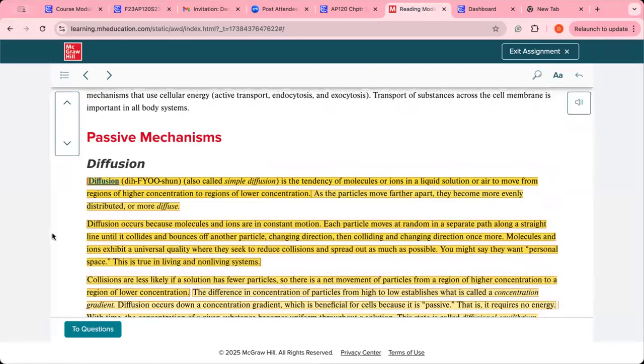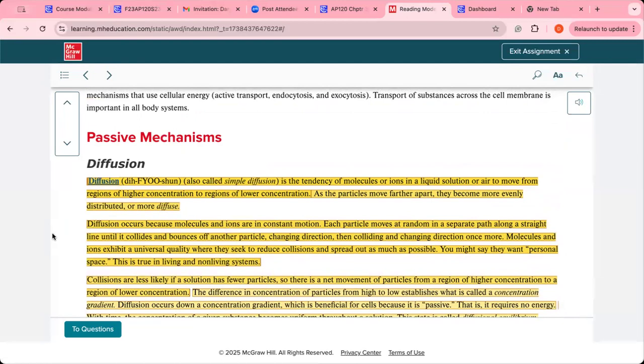Diffusion occurs because molecules and ions are in constant motion. Each particle moves at random in a separate path along a straight line until it collides and bounces off another particle, changing direction, then colliding and changing direction once more.